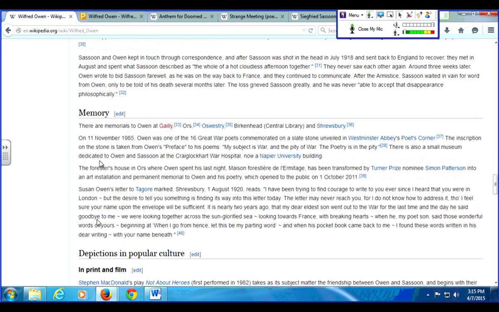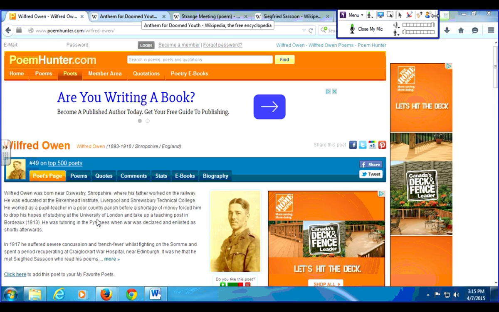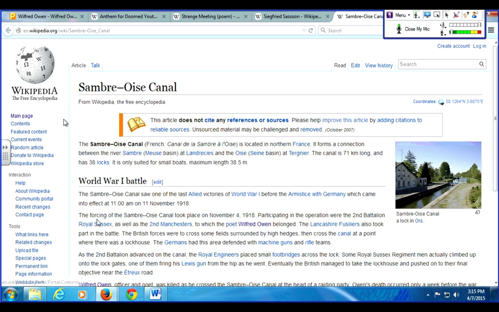And then, so that's a bit of a depiction of who he is. So what we're going to do, this is where he was killed crossing a small canal.